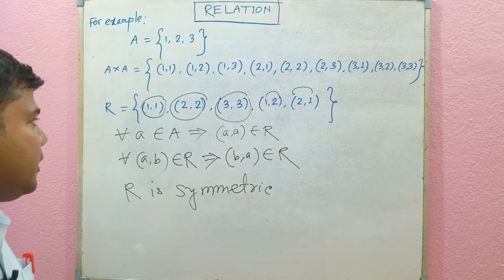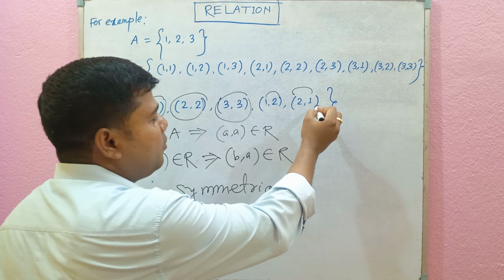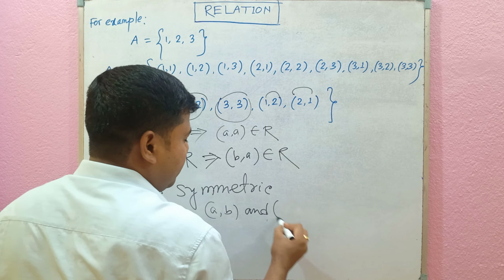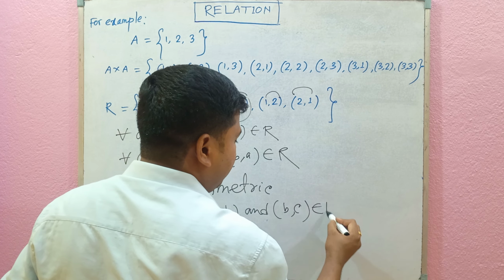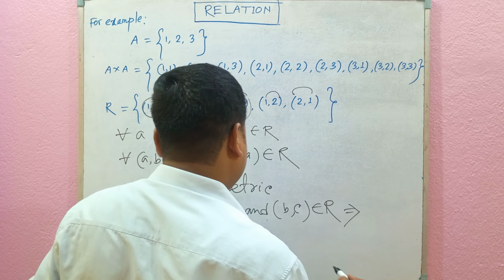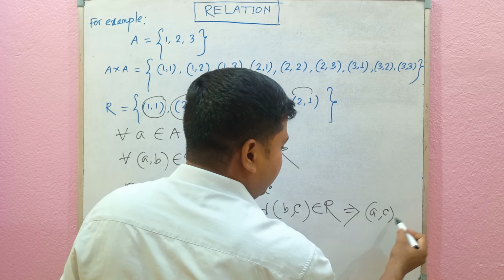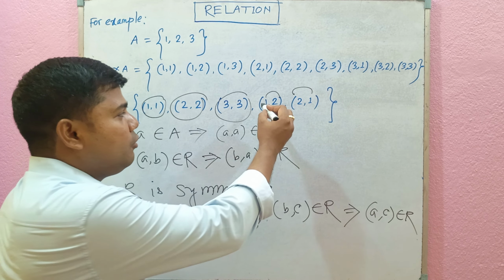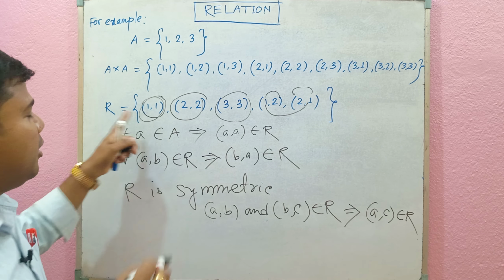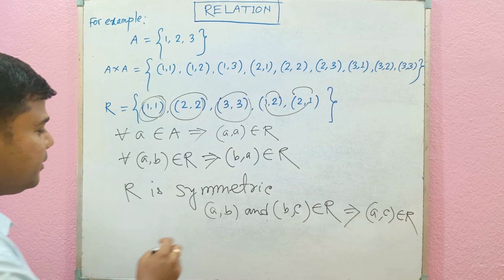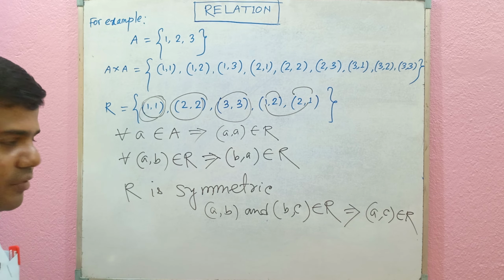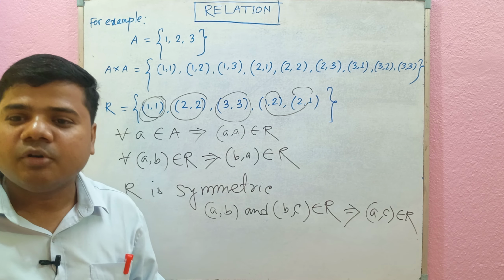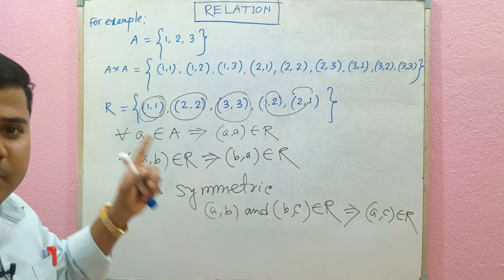We also notice that (1,2) and (2,1), that is (a,b) and (b,c) belonging to R, implies (a,c) belongs to R, so (1,1) belongs to R. So R is a transitive relation. Since R is reflexive, symmetric and transitive, R is an equivalence relation.